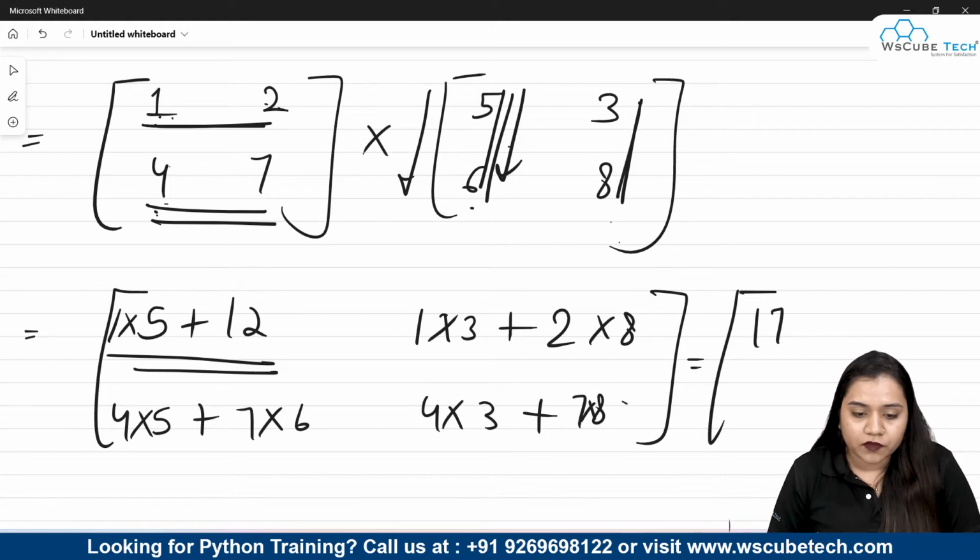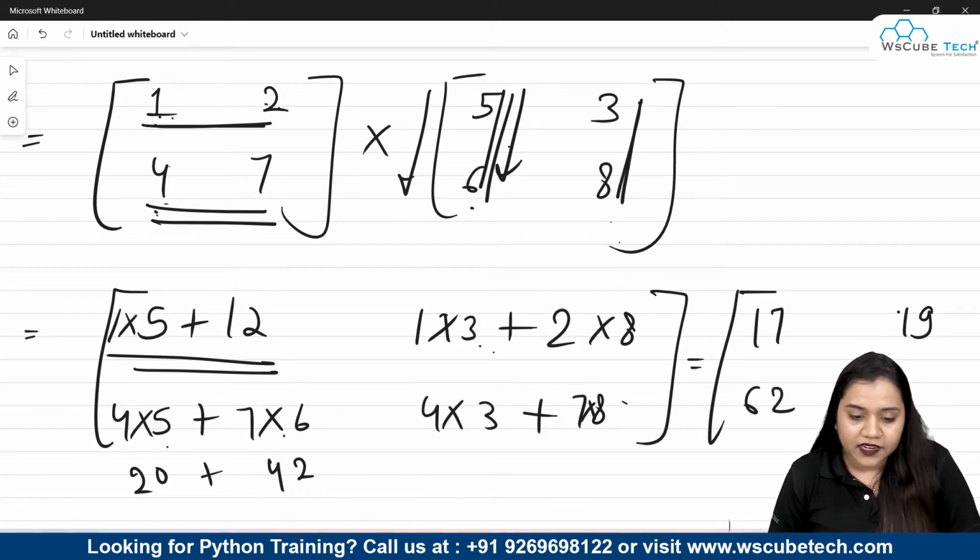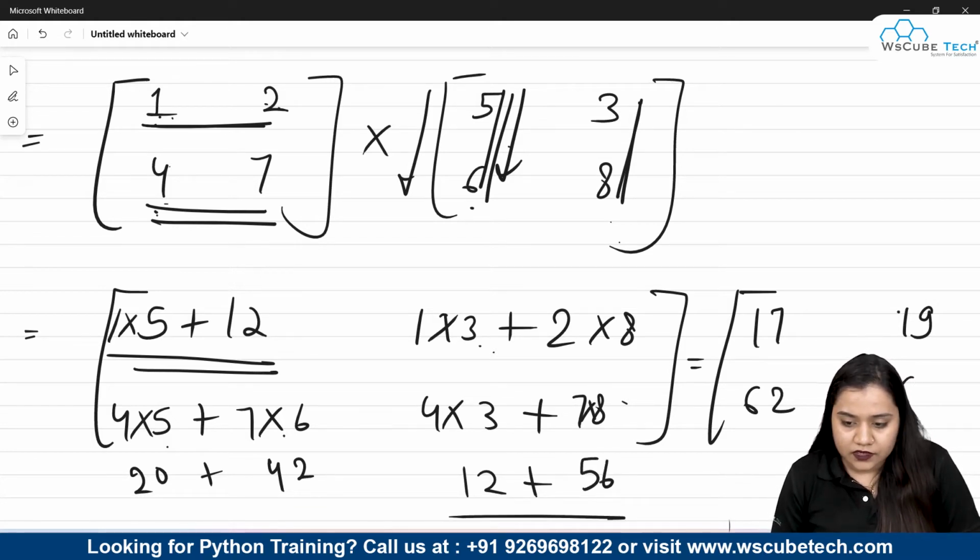Then 1 multiplied by 3 is 3, and 3 plus 16 is 19. Here we get 20, and 20 plus 42 is 62. And the last number is 4 threes are 12 plus 7 eights are 56, so 12 plus 56 is 68.